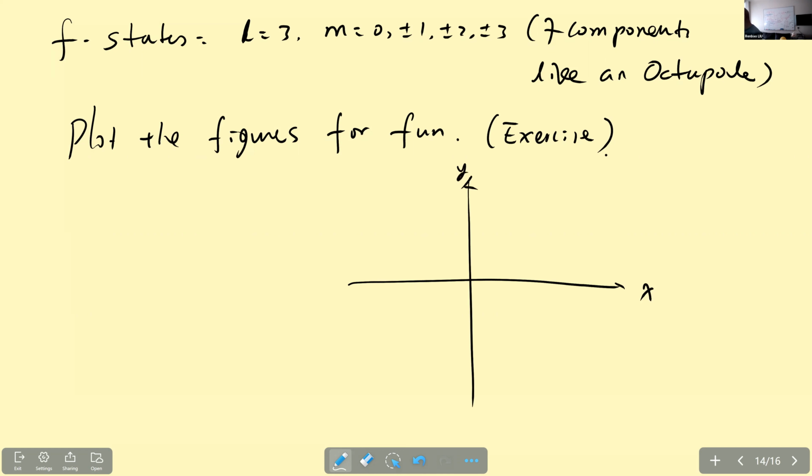x and y. Okay, and they actually have, so one of this example, you can have a surface like this one, and then you can have the states goes like this. 1, 2, 3, and then you have something like this one.